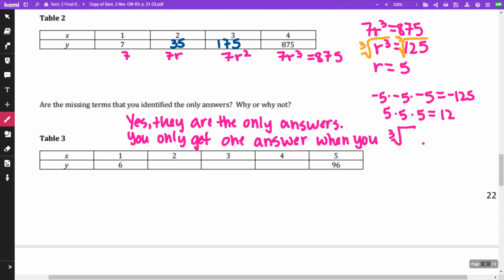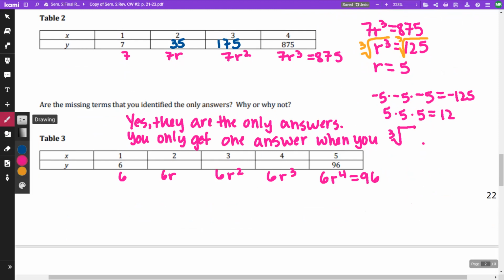So in this next one, I have 6. I have 6r squared, 6r cubed, 6r to the 4th is equal to 96. Now, when I take any even root, I am going to get 2 answers.